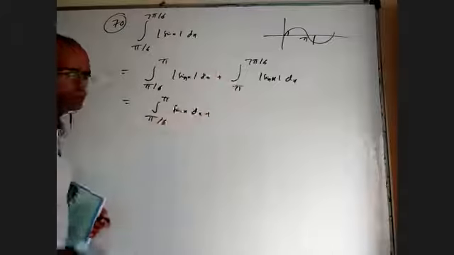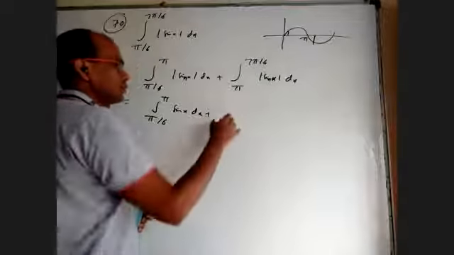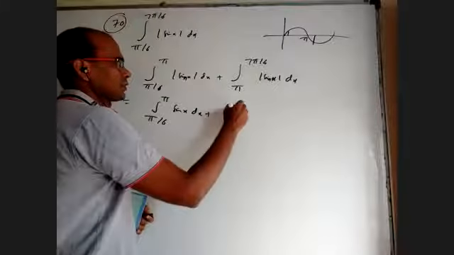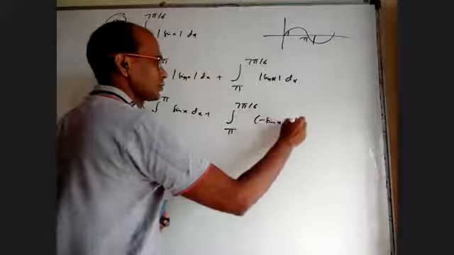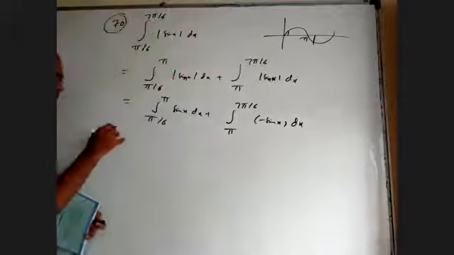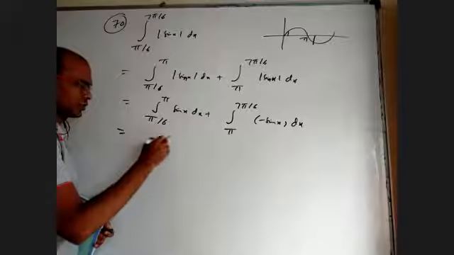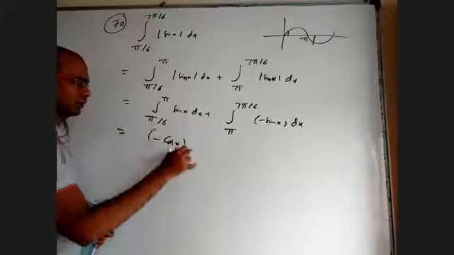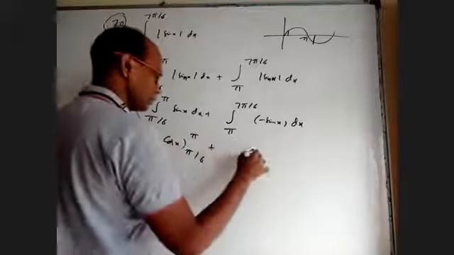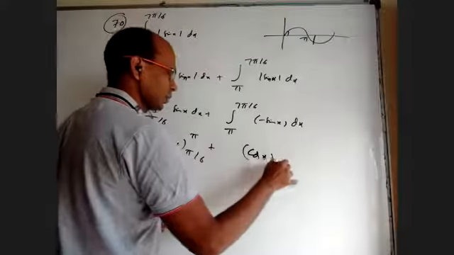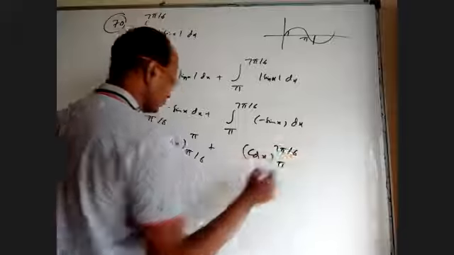But after pi, in the third and fourth quadrant, sin is negative, so mod sin x is minus sin x. So pi to 7 pi by 6 minus sin x. The integral of sin x is minus cos x, from pi by 6 to pi. And this is plus cos x, from pi to 7 pi by 6.